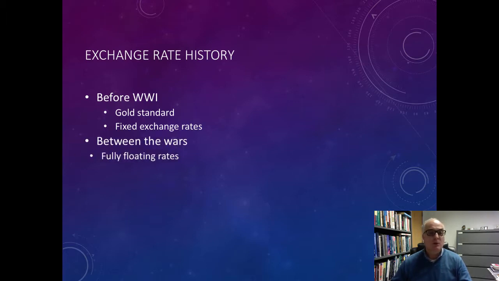So between the wars, between World War I and World War II, when countries were not on the gold standard, well then you're no longer on fixed exchange rates, you're on fully floating rates. So what is your currency worth? It's worth whatever the market will bear. So now you have a currency market and it's changing all the time. Rates are fluctuating based on all kinds of different factors, and rates are floating, not fixed.